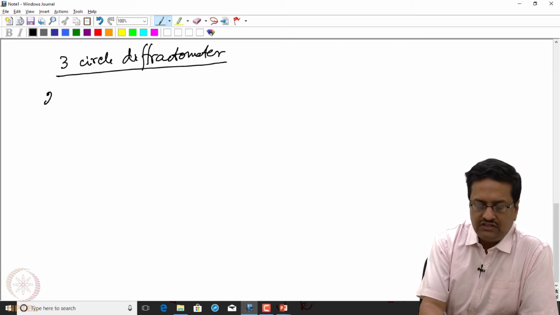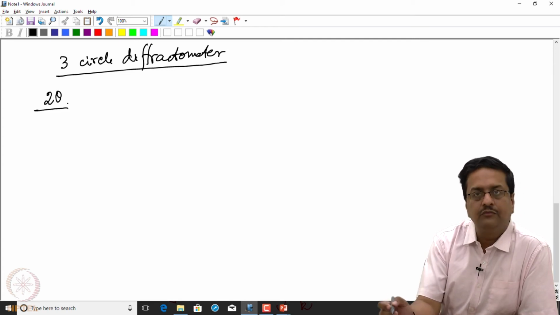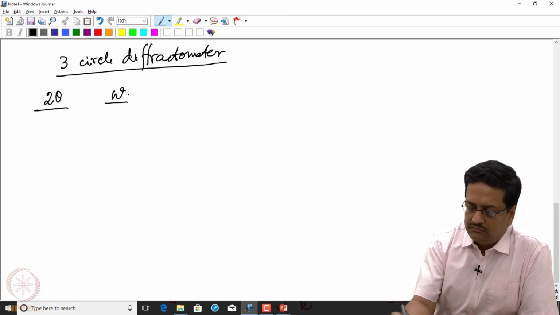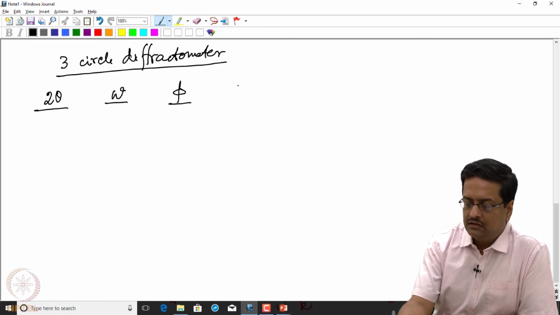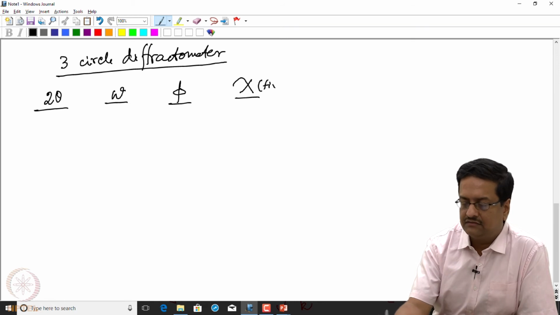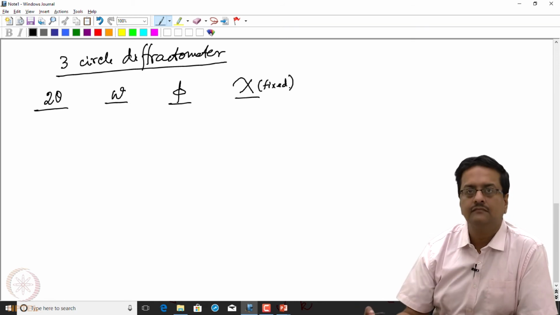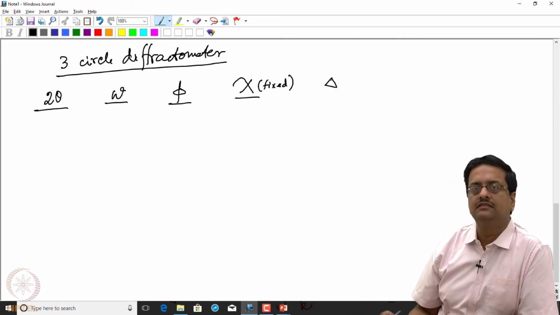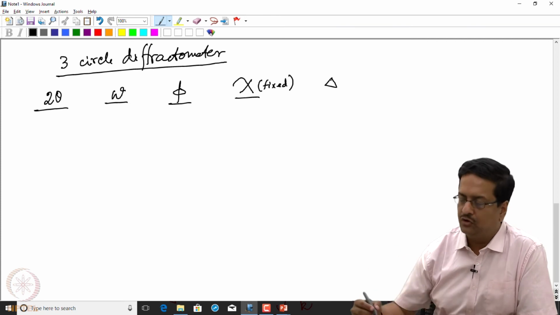We can change 2 theta, that is the detector position. We can have a change of omega. We can change phi. In case of 3-circle diffractometer, this is fixed, and then we record the data with the moving omega.